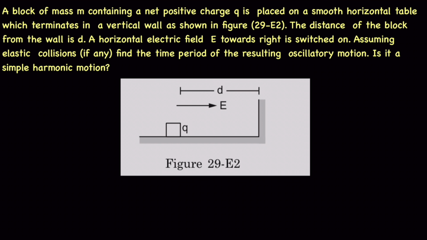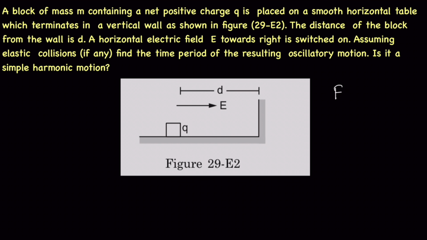So in this figure, we have a charged body whose mass is m, and it is present under the electric field E, and the distance from the wall is small d. We have to find the time period of the resulting oscillatory motion. Due to the presence of the electric field, there must be an electric force acting on it.